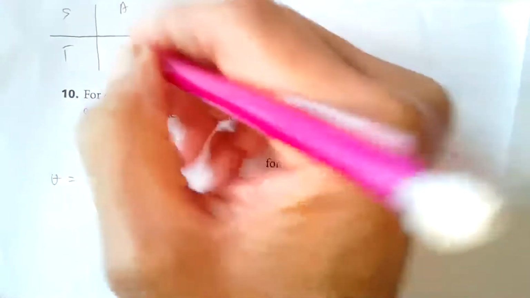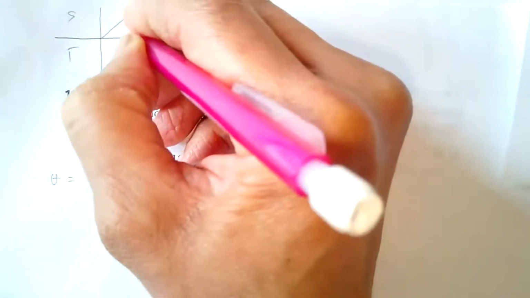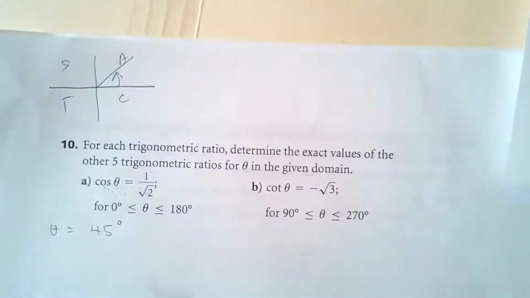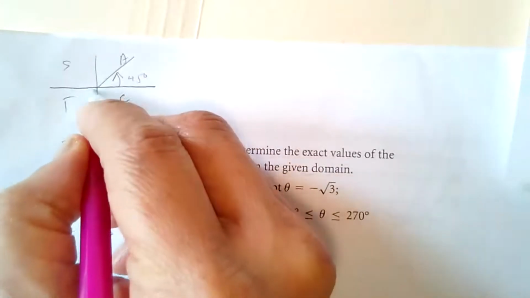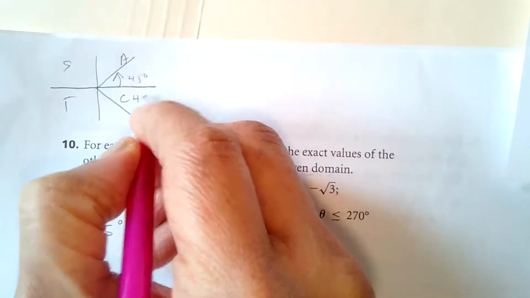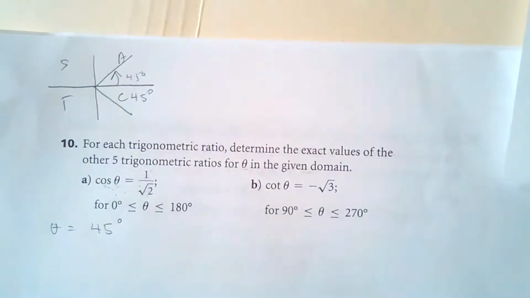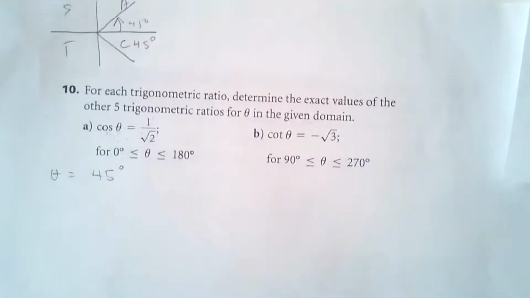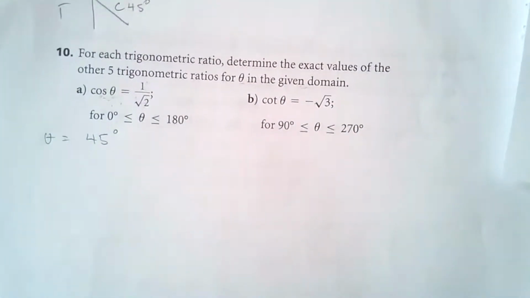Okay, so we know cos positive could be adding here, 45 degrees, or 45 degrees. Okay, this is positive. All right.